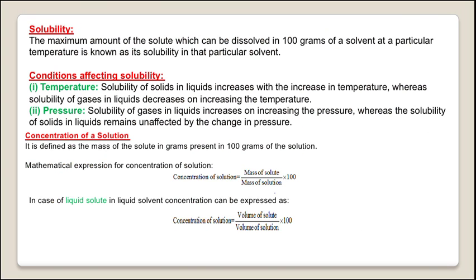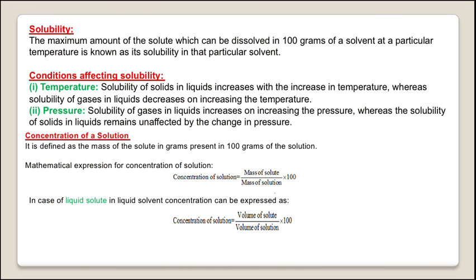Continuing, we have solubility. It is the maximum amount of solute that can be dissolved in a given amount of solvent, or we take 100 gram of solvent at a particular temperature. Temperature is a factor which affects solubility. Also, pressure is another factor which affects solubility. As the temperature increases, the solubility of solids keeps on increasing, whereas this is not correct for gases.